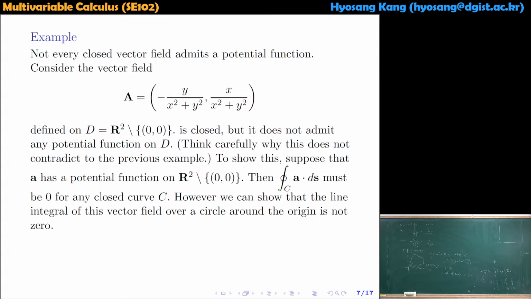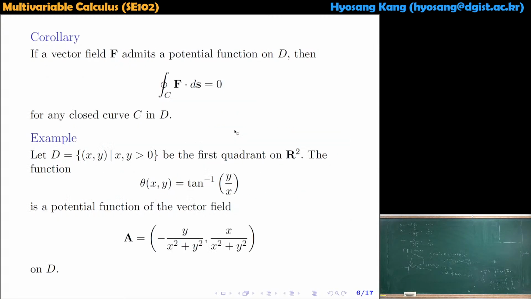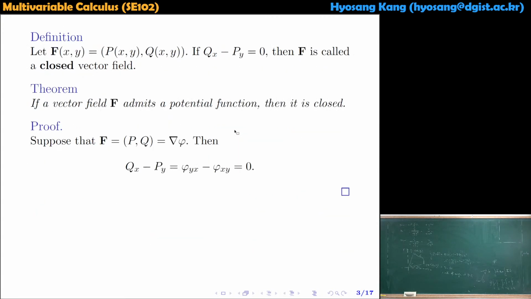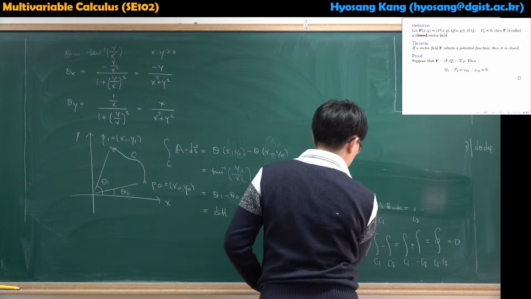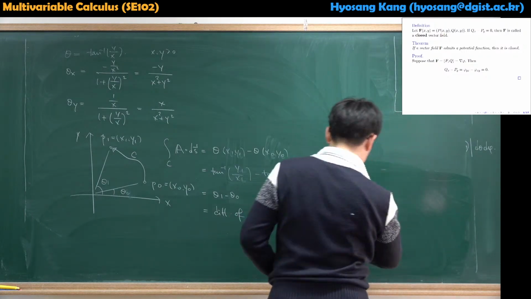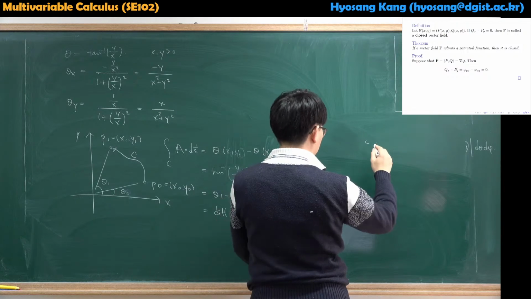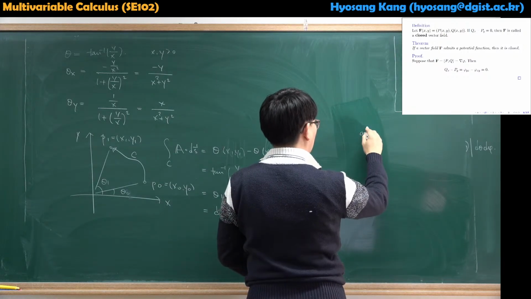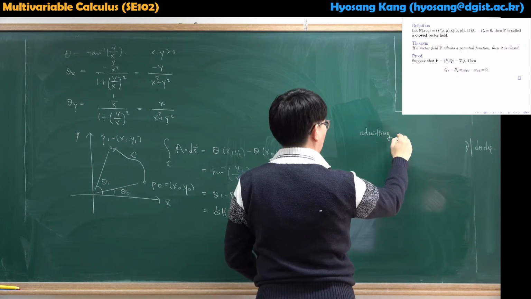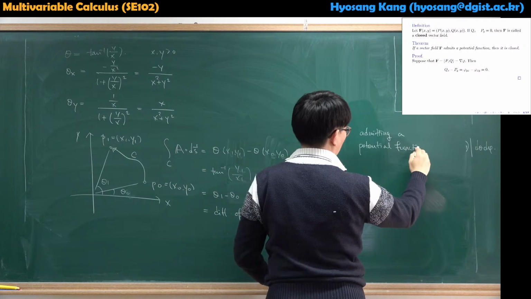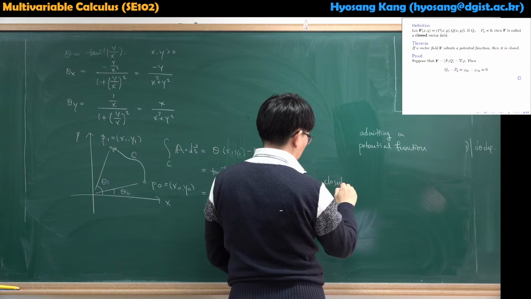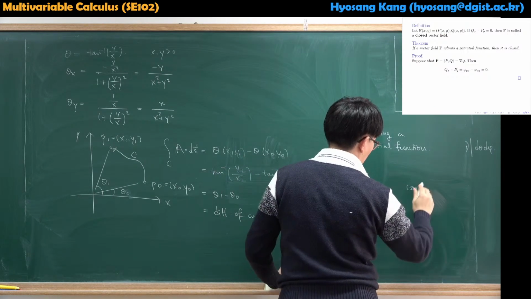It might be confusing, so let me summarize what we have seen in the definitions and theorems so far. Let me write that on the board. So we have 3 properties of a vector field. First one is admitting a potential function. And the other is closed, and the other is conservative.